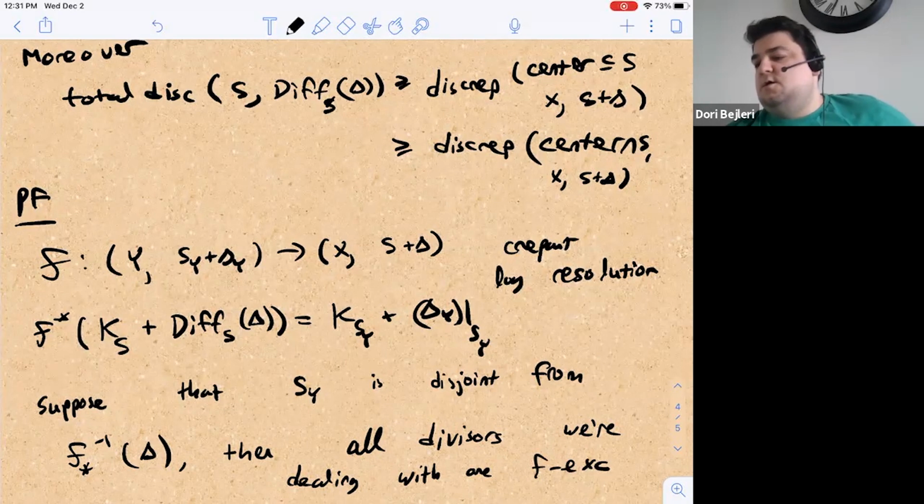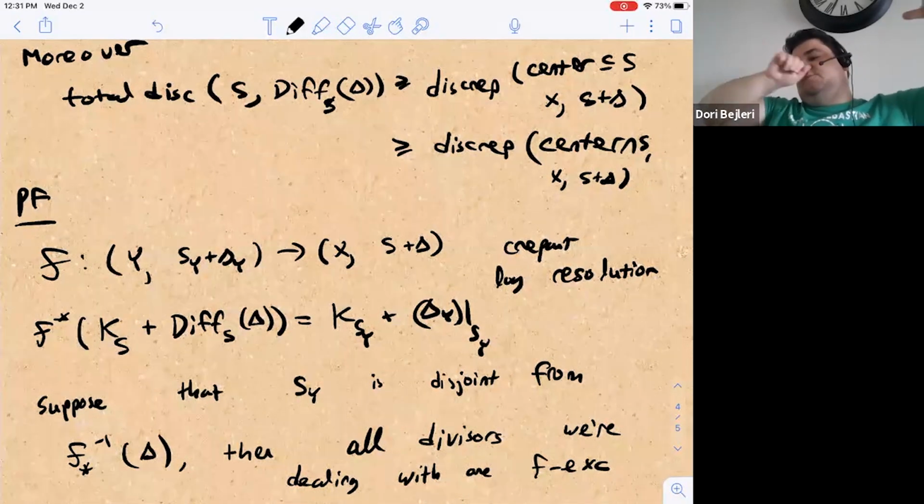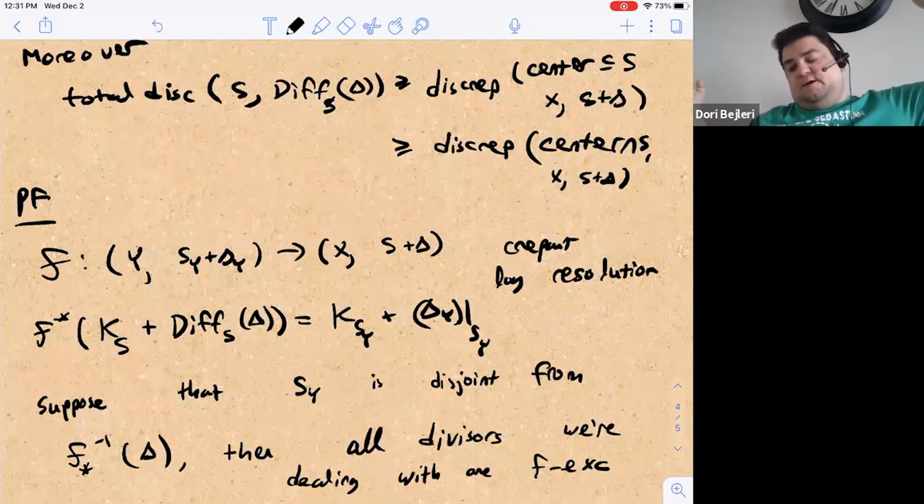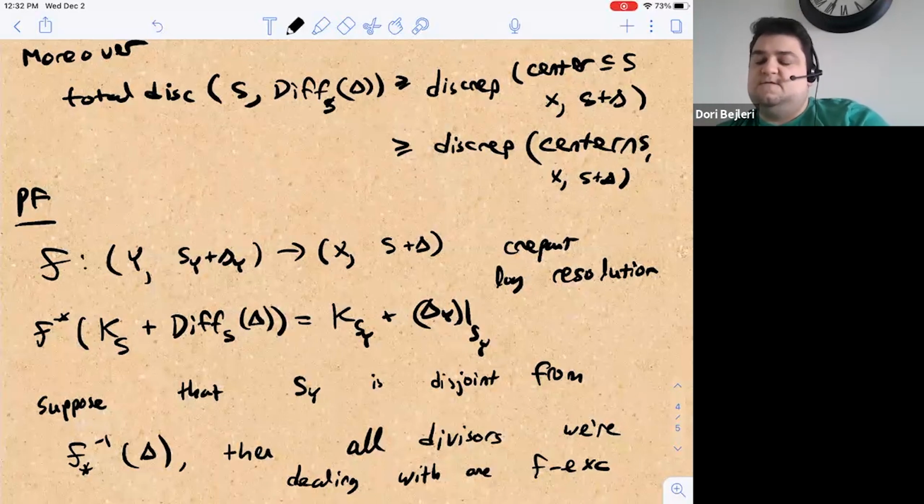But note that just because they're f-exceptional doesn't mean that they're exceptional on S, because we could have a divisor that's contracted to something in X, but the thing that it's contracted to is still a divisor inside of S. So for example, if we have a divisor on Y that gets contracted to something codimension 2 contained in S, well, if it's codimension 2 in X, then it's codimension 1 in S. So all these divisors are f-exceptional, but they're not exceptional for S itself.